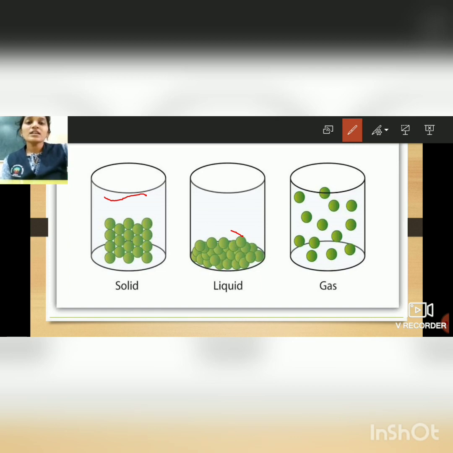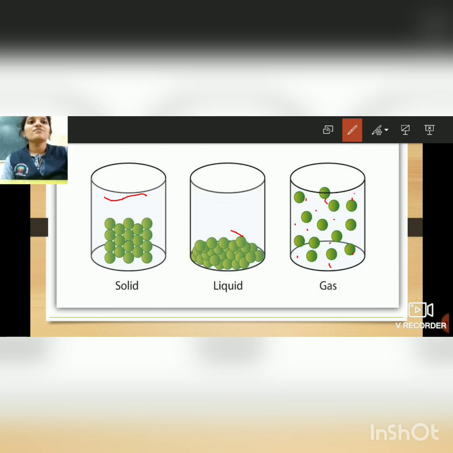And as we all know, if we pour the water on the floor, it takes all the space. That means it does not have a definite shape or definite size or even volume. And now students, in gases we can see that there is a lot of space.